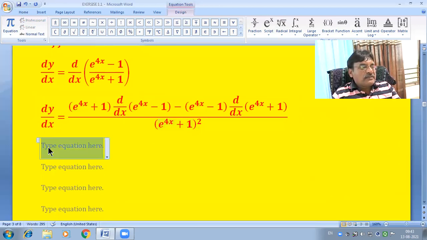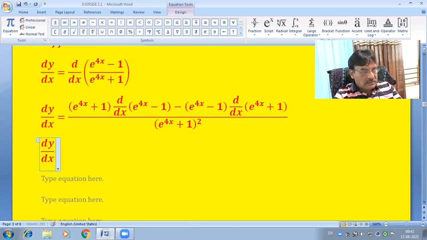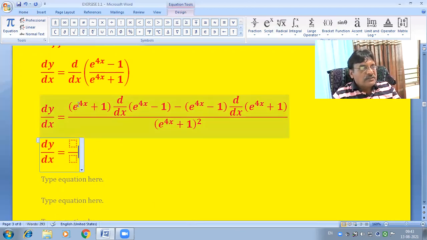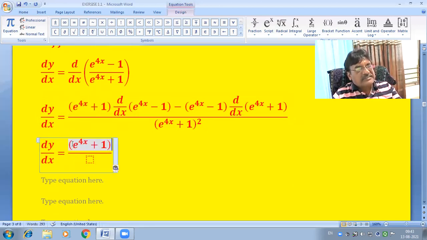Therefore, dy by dx is equal to this e to the power 4x plus 1 as it is, so in numerator e to the power 4x plus 1. Next we find d/dx of e to the power 4x minus 1. Use the subtraction rule.